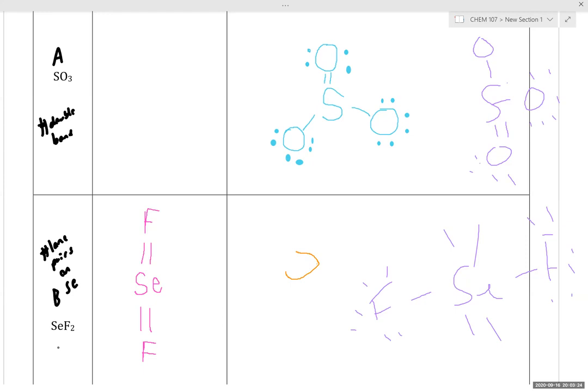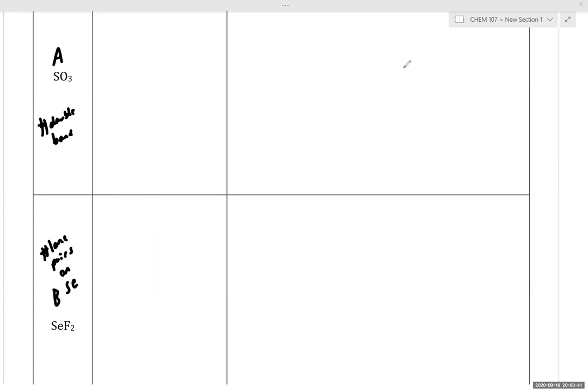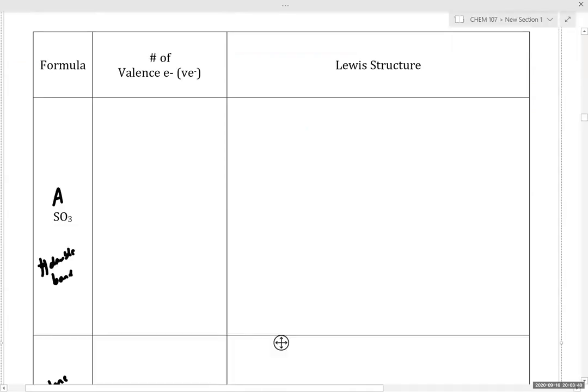So we see a nice reasonable pool of responses for each of these Lewis structures. I greatly appreciate everyone in the class sharing and participating. And now I'm going to clear the annotations and we'll discuss each of these examples. So we're definitely on the right track and the improvement I'm seeing looks really good so far.